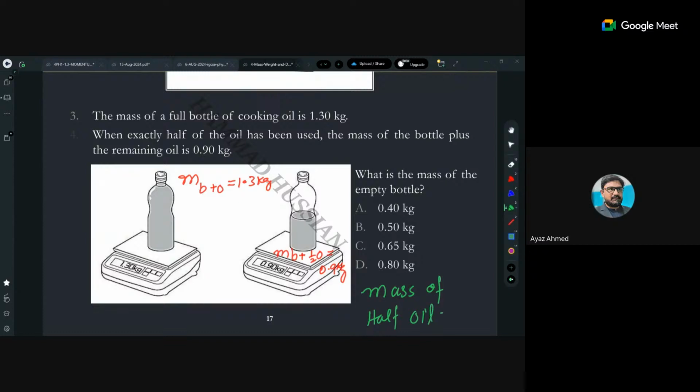Yes, Ariba? Can anybody tell me? यार hurry up. एकदम मुश्किल नहीं है इतना. Mass of half oil. Mean half bottle of oil. Would it be B? No. Oh yes, it is B. But can you tell me what will be the mass of half oil?